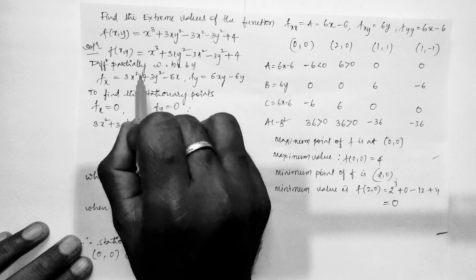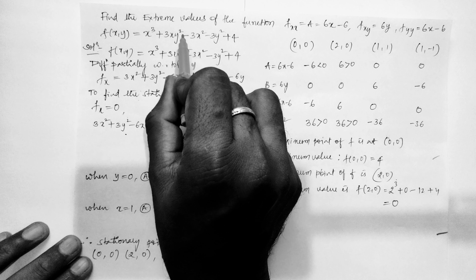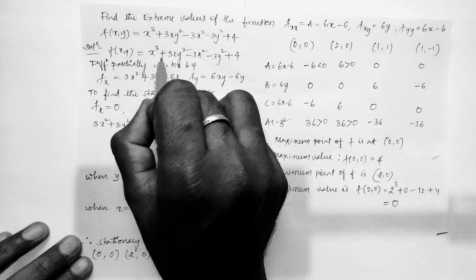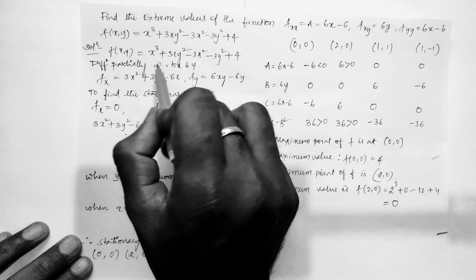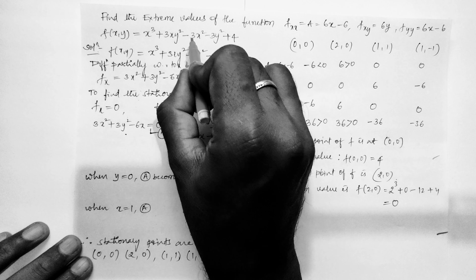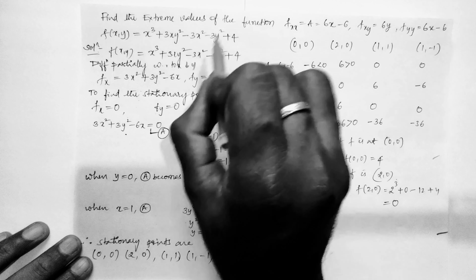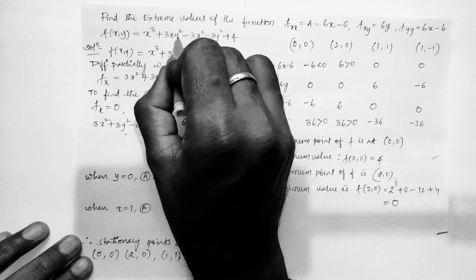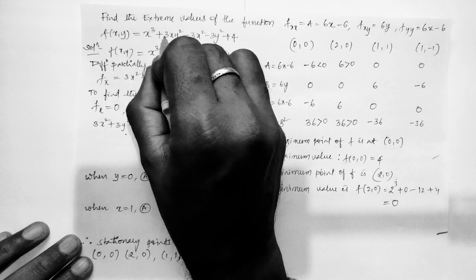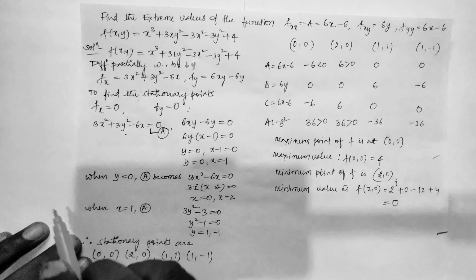Differentiation of x cube is 3x square, plus differentiation of 3xy square with respect to x is just 3y square, 3x square gives minus 6x, and 3y square and 4 are 0. With respect to y, x cube is 0, then you will get 6xy, minus 6y.